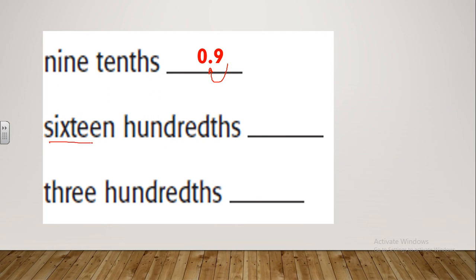You will write number 16 and you will put the decimal point after two digits. 1, 2. So you will put the point here. Let's see the third question we have here. It's 3 hundredths. So you will write number 3, and hundredths means you will put the point after two digits. 1, 2. And after you put the point, you will see that we have an empty place here, so we will put 0. Okay?